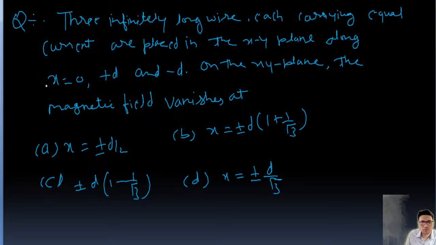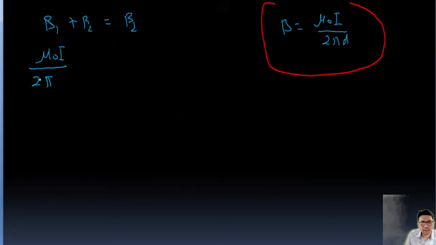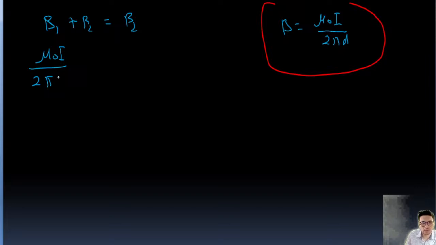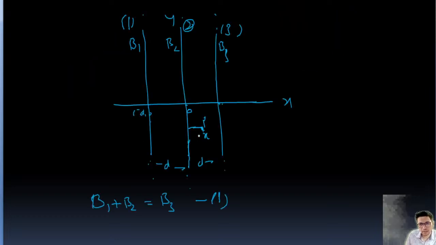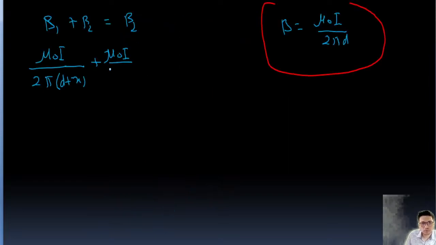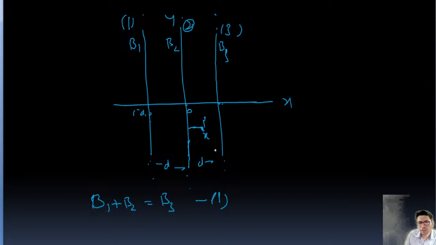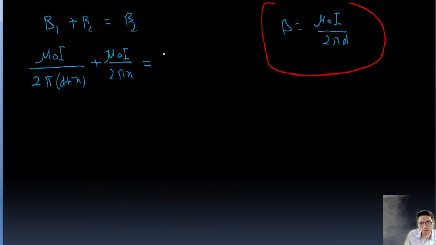Because of the first wire, the distance is d plus x, so B1 is mu 0 I upon 2 pi (d plus x), plus mu 0 I upon 2 pi x because of this wire at distance x, equal to mu 0 I upon 2 pi (d minus x).